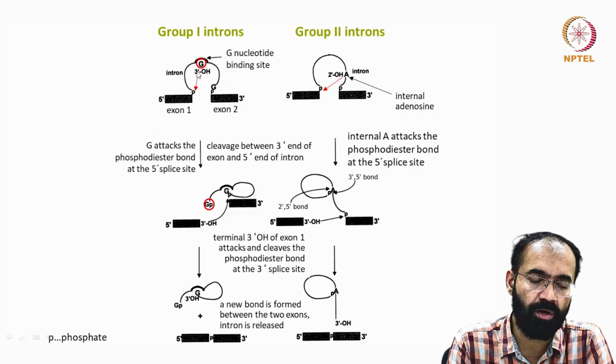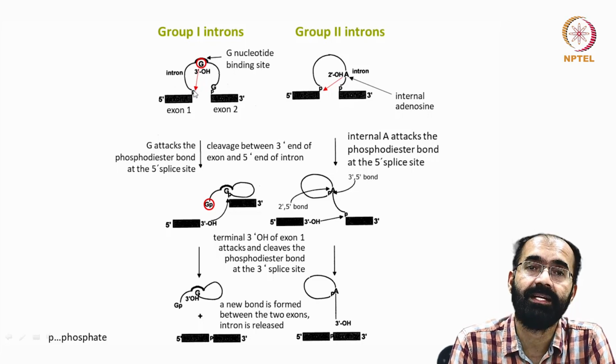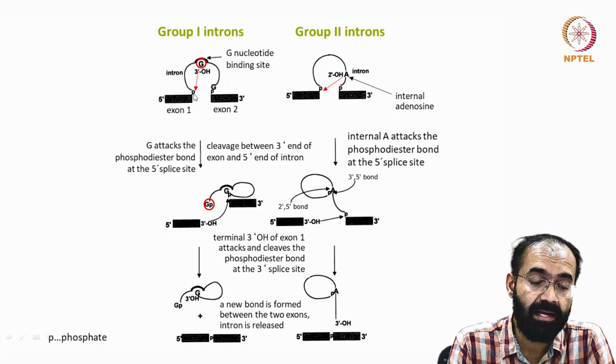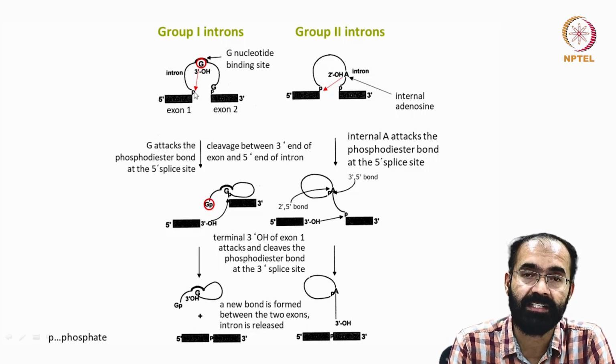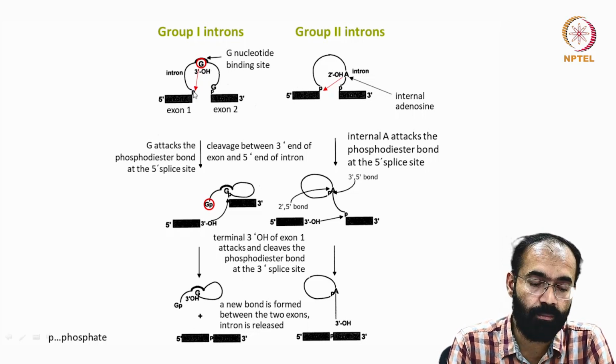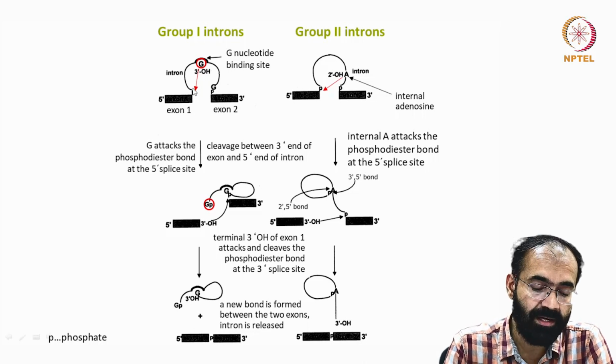So this 3' OH participates in a nucleophilic attack onto the 5' end of splicing, that is towards the end of the first exon. As a result, the exon 1 and intron 1 junction is broken. It is no more connected here. And then what happens?